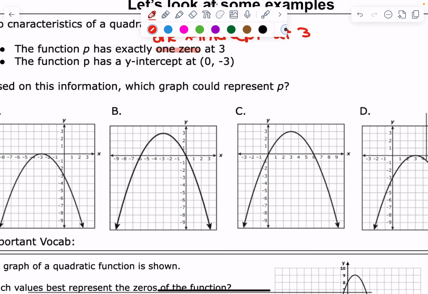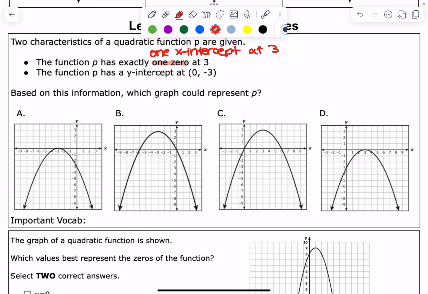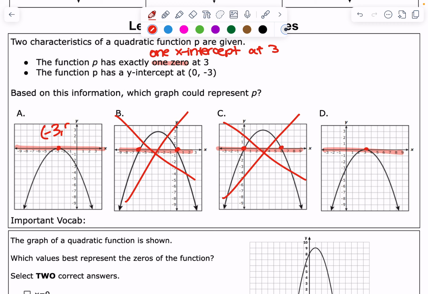So I'm going to look at my x-axis, and I'm going to look at which one touches at 3 exactly one time. So here, 1, so maybe. Here, 2, so definitely not. Here, 2, definitely not. Here, 1. So if I look at where they touch, you have -3, 0, and 3, 0. D is going to be my best answer because we're looking at +3.